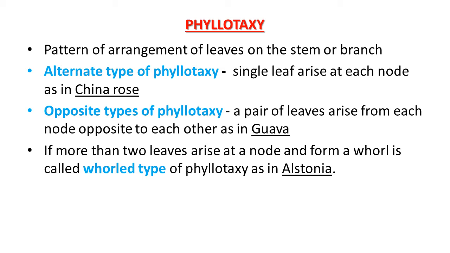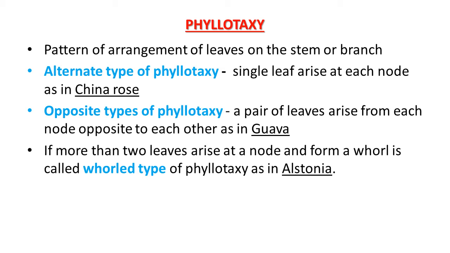From the nodal region, leaves arrange or develop this way, and that's why this pattern is known as alternate type of phyllotaxy. It is generally observed in China rose. China rose means hibiscus, shoe flower. This plant is very common around us.